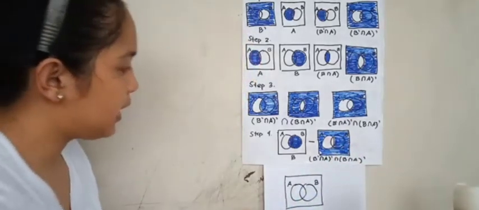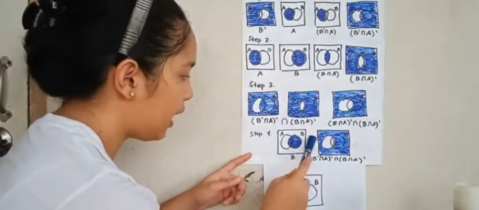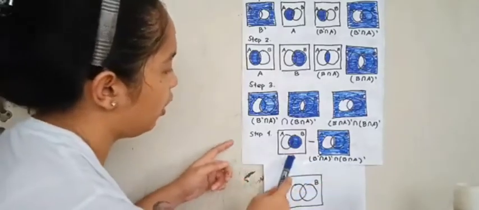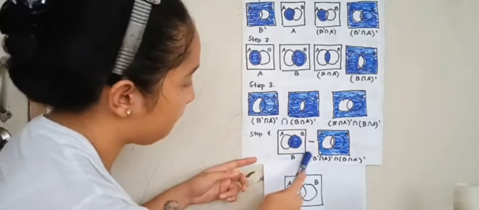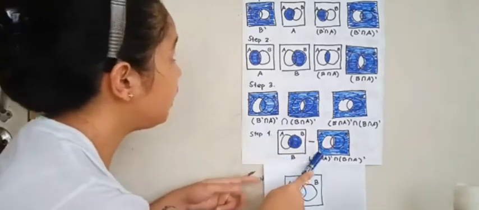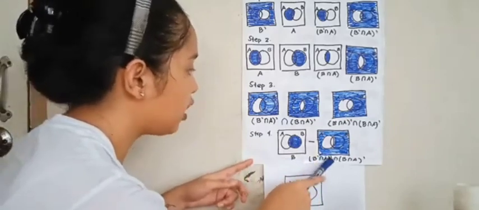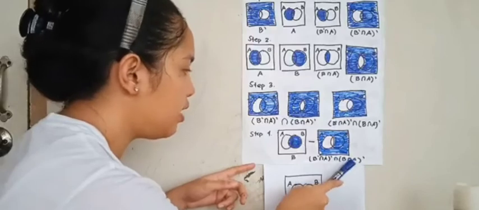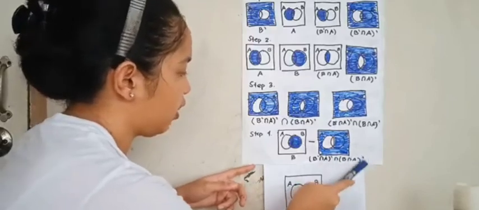Step 4 says set B minus this set. So B minus B complement intersect with A, close parentheses, complement, intersect with B intersect with A, close parentheses, complement.